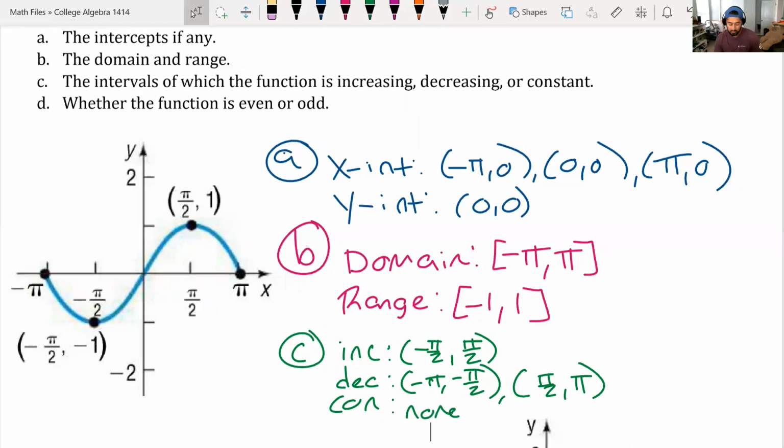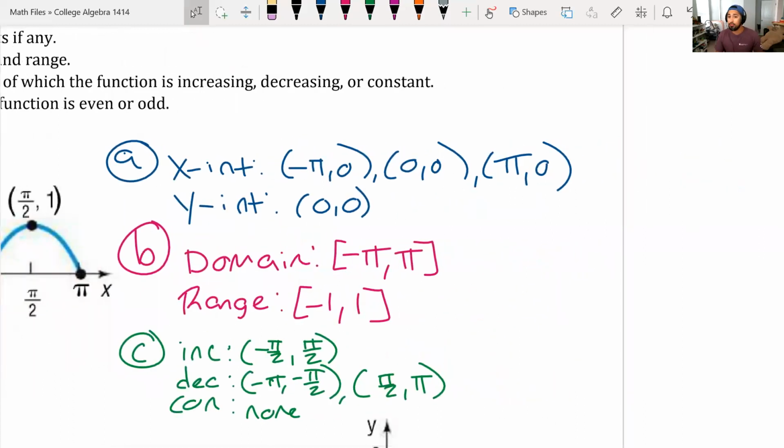Okay. Quick word of caution for my math lab. Some new update out there, or somebody new, I don't know. Something happened with notation. So for years and years, intervals of increase or decrease have always been in parentheses, no matter what.